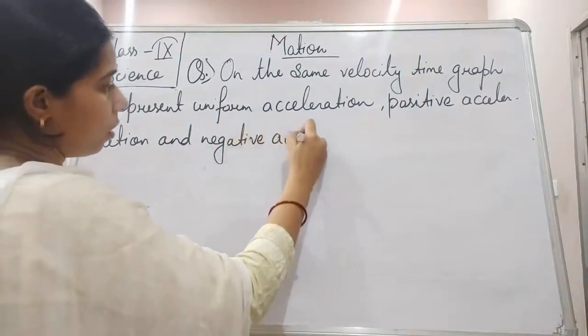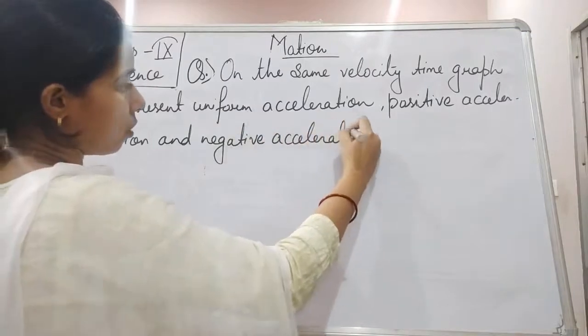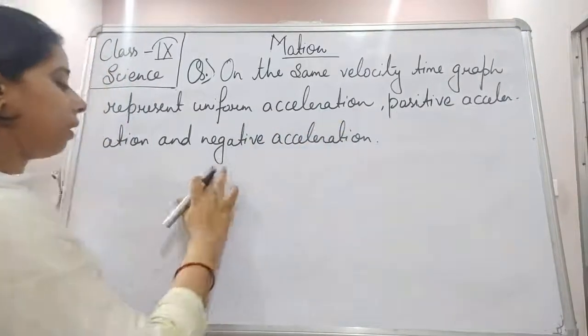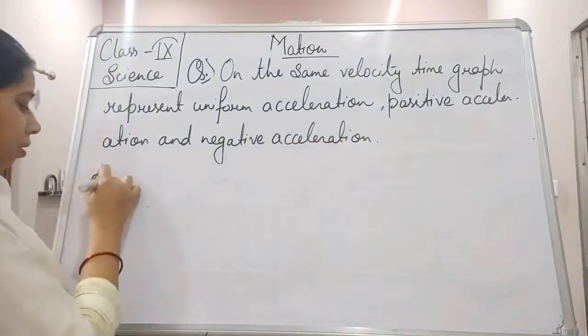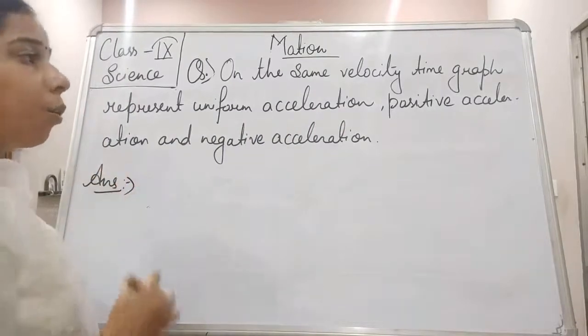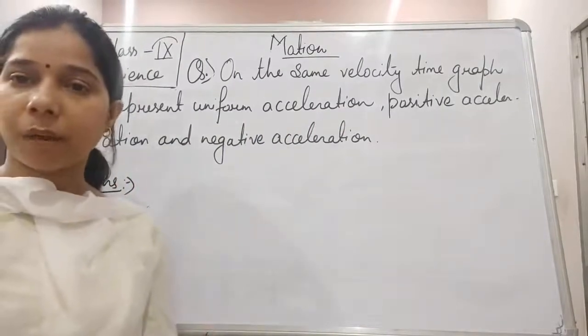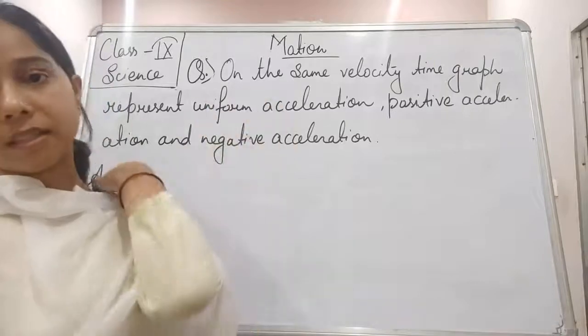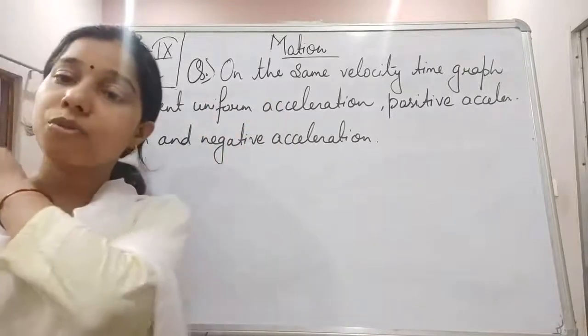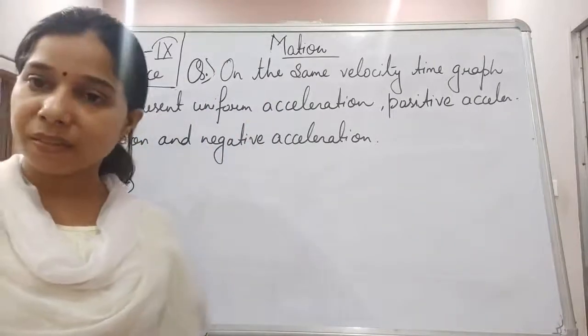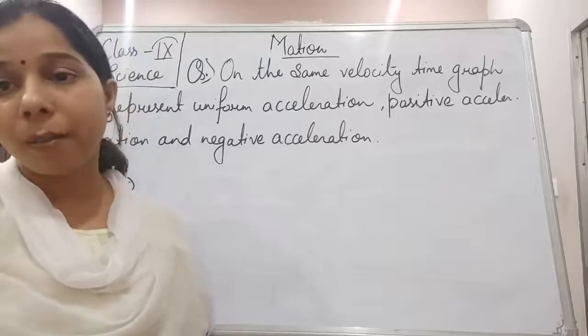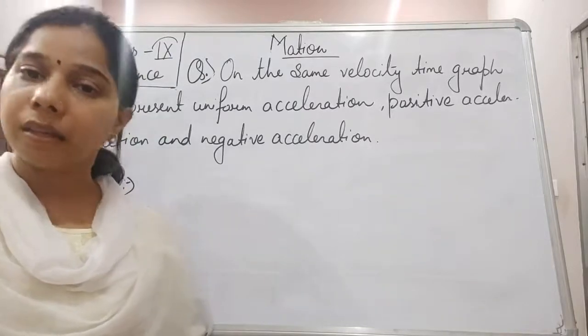Okay, so we have to make a velocity time graph, students, and on the same graph represent the uniform acceleration, positive acceleration and negative acceleration.